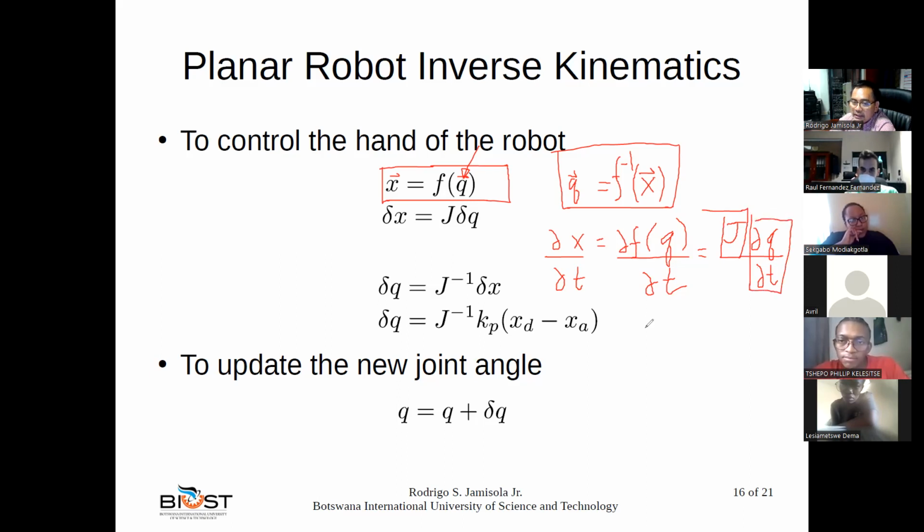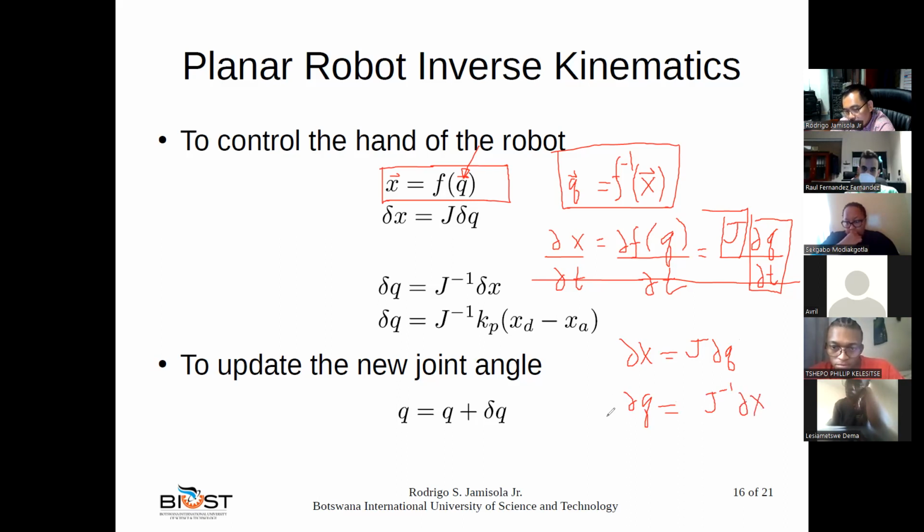If you remove the derivative with respect to time, you can just say partial of x is equal to the Jacobian times the partial of q. That's linear. So if we invert it, partial of q is equal to the inverse of the Jacobian times partial of x. Now this is what we want.